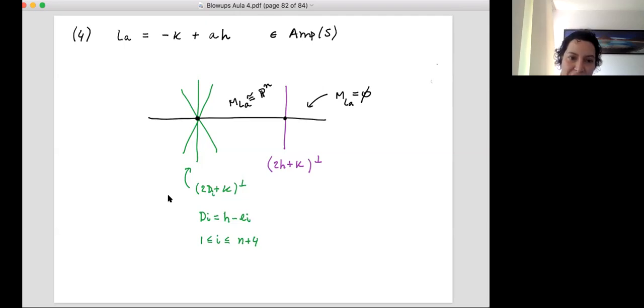So for each D_i of the form H minus E_i, you get a hyperplane. And when you do the wall crossing, this corresponds precisely to blowing up one point. This was the case when D squared was 0. So when you cross here, what you get is precisely the blow up of P^n at one point corresponding to each of the walls that you cross at the same time.